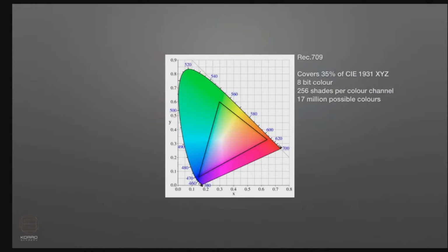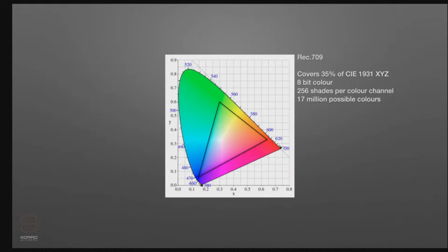A Rec 709 color space, which is essentially based on the sRGB color space, is only 35% coverage of CIE 1931 XYZ. So we can only display with the vast majority of our display devices about 35% of what the eyes can see. With an 8-bit signal, that's about 17 million possible colors.